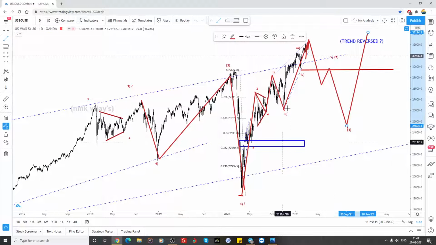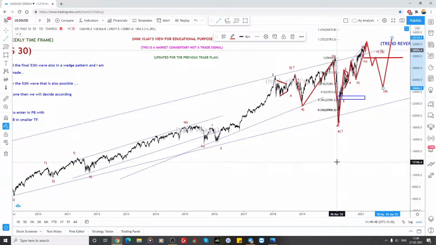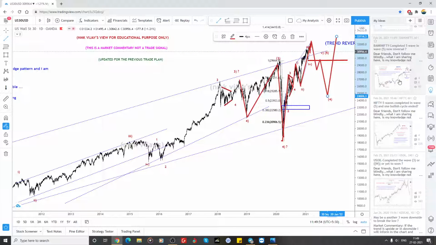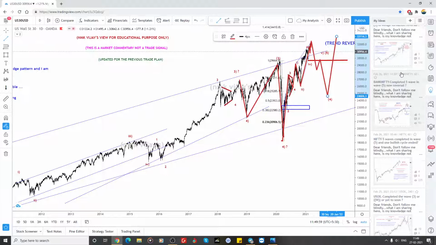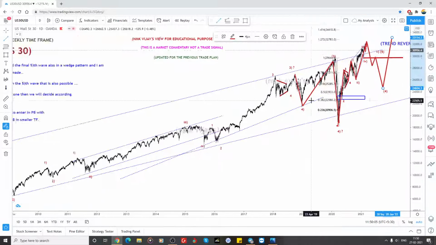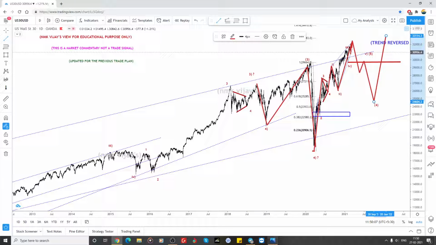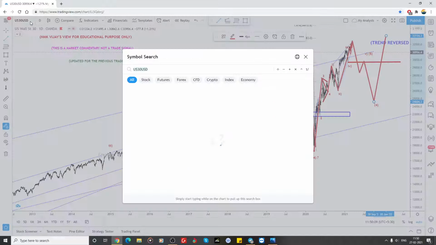And one more thing, it could be the end of the fifth wave and it can be bearish also. I have already shared my view. It's a trend reversal, right? Everything, yeah, US 30, Bank Nifty and Nifty, the same view. So let's see how it moves, and let's move on to Bitcoin.